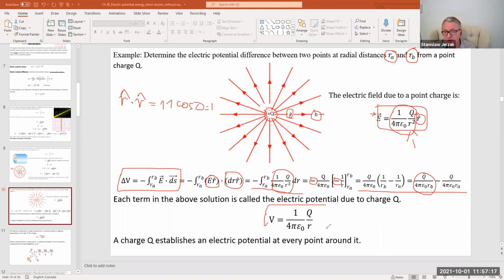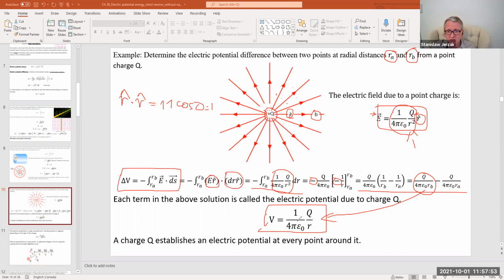So each of these terms is called electric potential, designated as V, not delta V, but the letter V. Every point in the electric field around a charge will have a certain potential, and that is how you calculate the electric potential at every point around a point charge or spherical charge. Remember, electric potential is a scalar quantity; it has just magnitude.